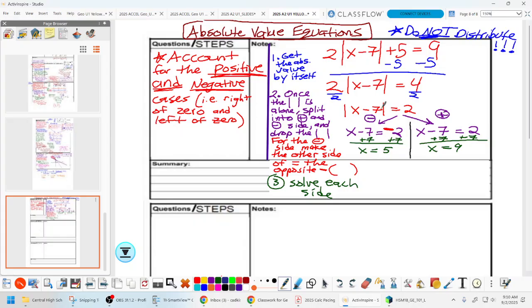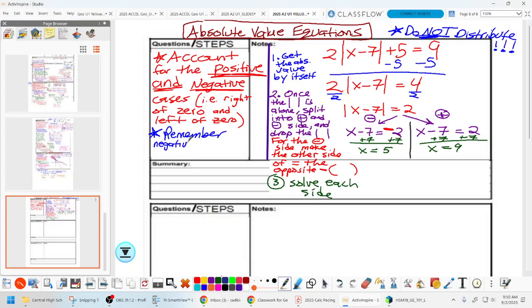Once that's by itself, now we split into the positive, negative, or we could say the positive and the opposite case, right? In fact, I'm going to add that little note maybe right here. Add it to yours. Might save your skin later on.